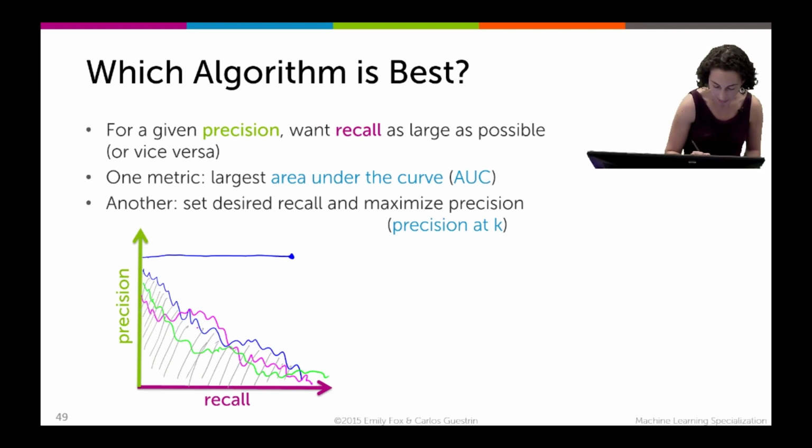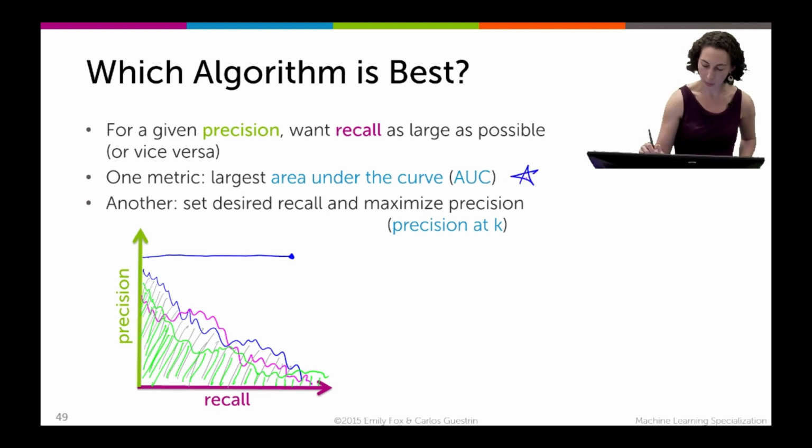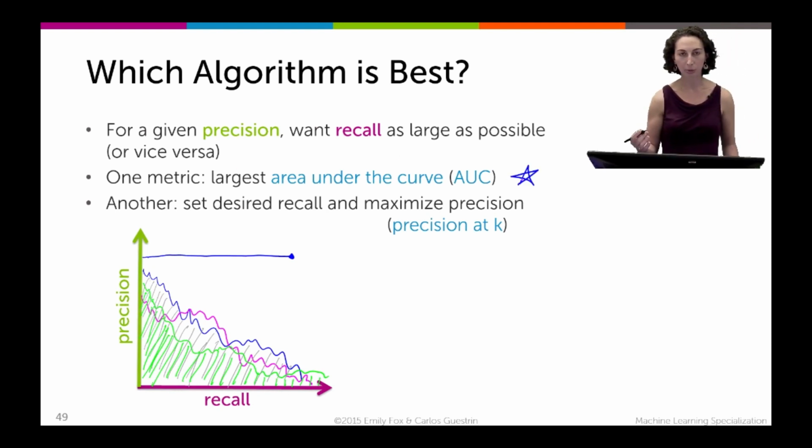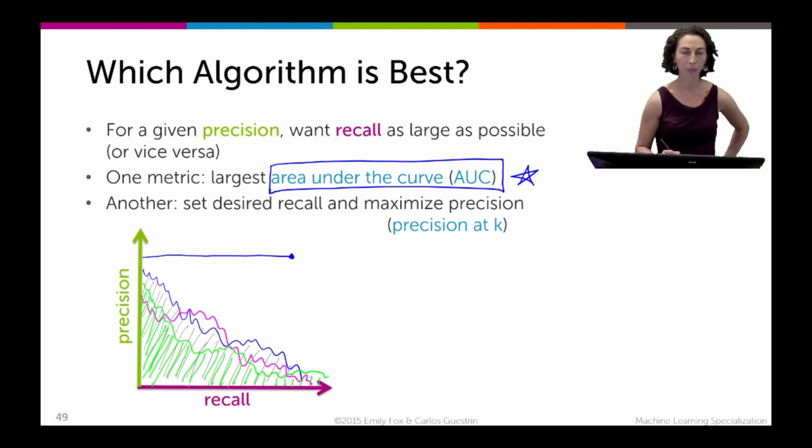And we can compare that to, for example, the area under this red curve, green, if I can remember my colors, the area under the green curve. And I can say which area is larger. And that is one proxy for which recommender system is doing a better job. So that's this point here, that a metric we can use is something called area under the curve, which measures exactly what I drew below.